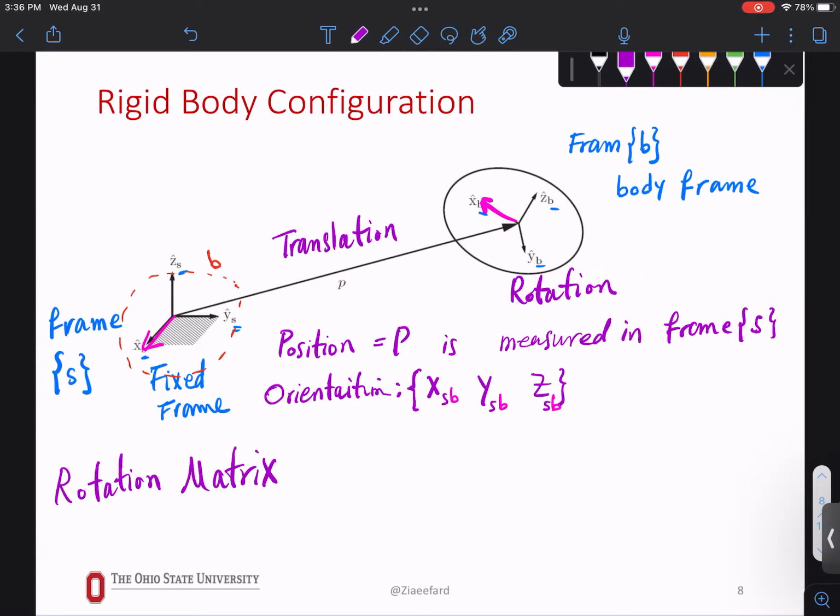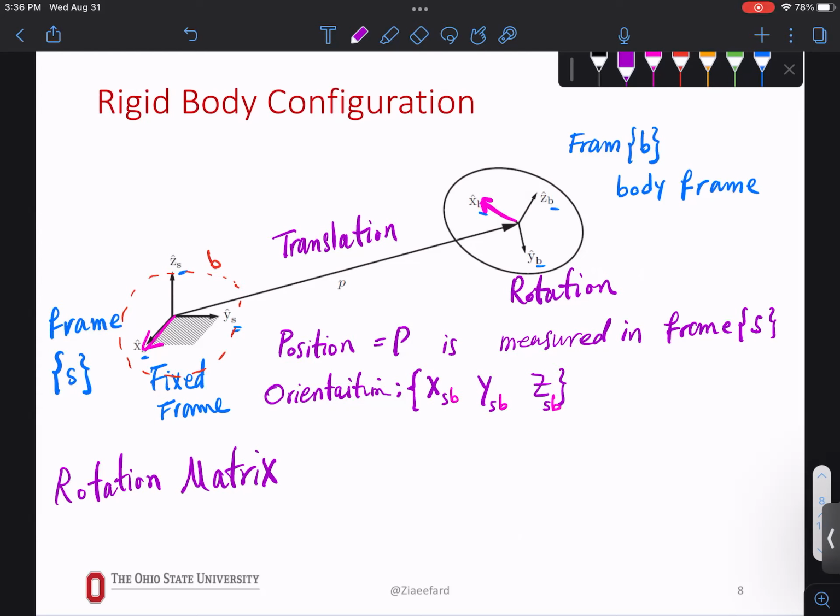That orientation, like right now, is like a vector, right? And you want to know how much X is rotated about all those 3 axes. So 3, 3, 3, and 3, 3, 3, like a 3 by 3 matrix. That's why we call it a rotation matrix. The dimension will be 3 by 3.